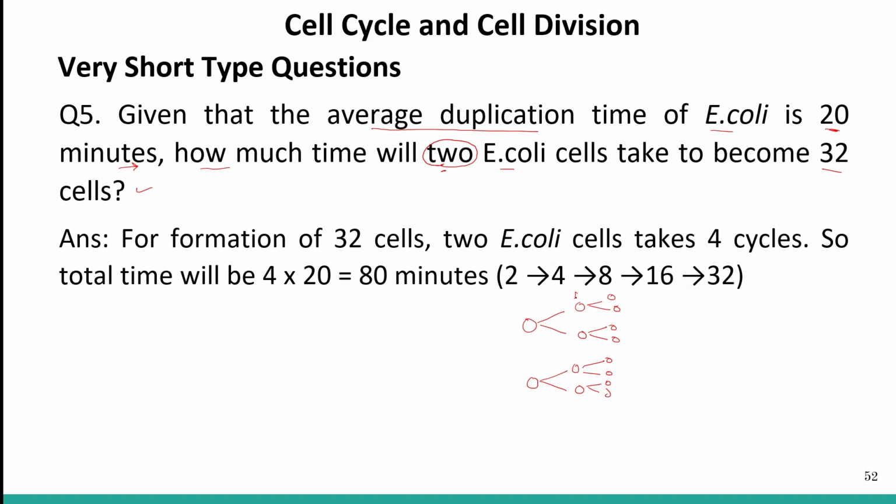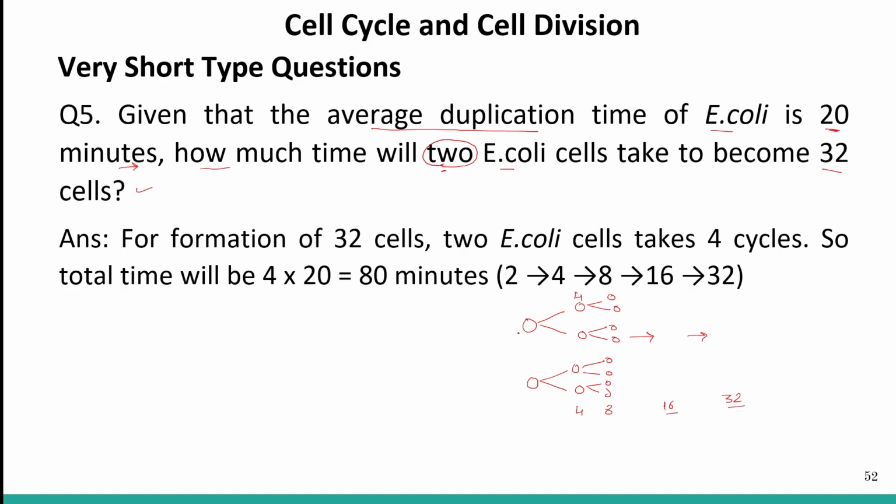Here we have 4 cells. Here we have 8 cells. This will again undergo division, giving rise to 16 cells. This will again undergo division, giving rise to 32 cells.